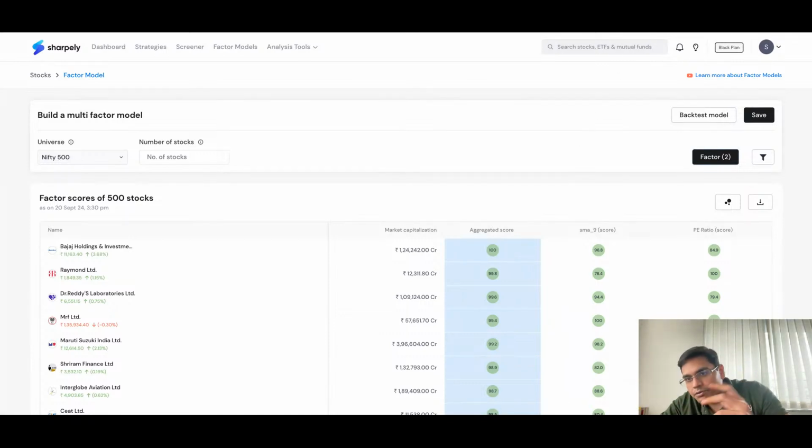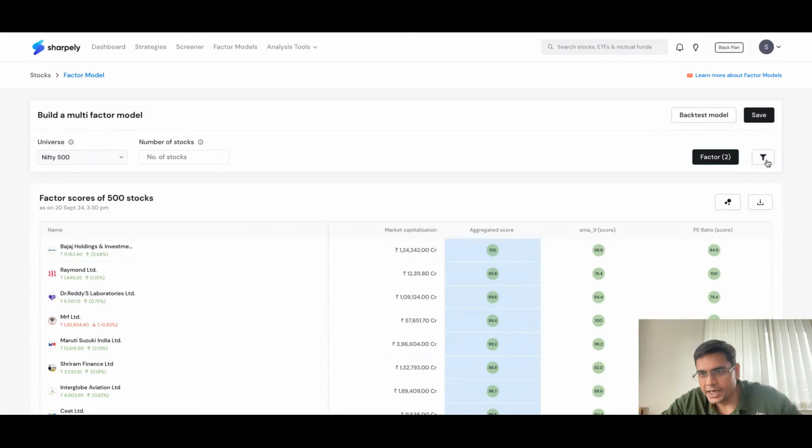Plus, another feature that we have added is a post scoring filter. So far you created a factor model and you're seeing 500 stocks, you are seeing all the scores and everything. But what if you want to create a strategy and you want to filter out stocks where the volume is not great and you don't want to keep those stocks in your strategy?